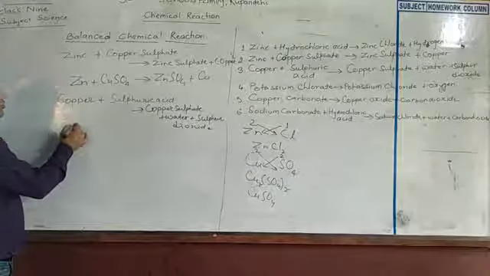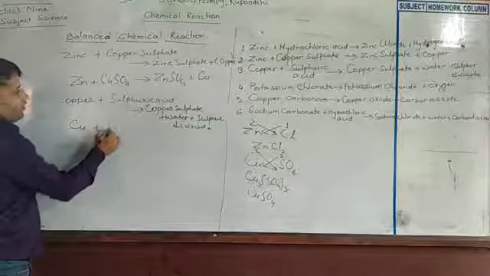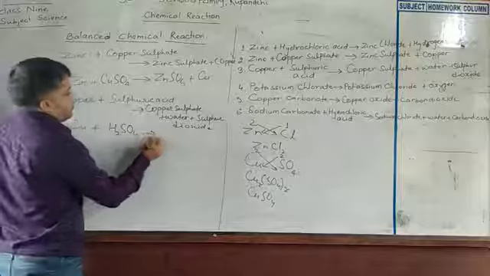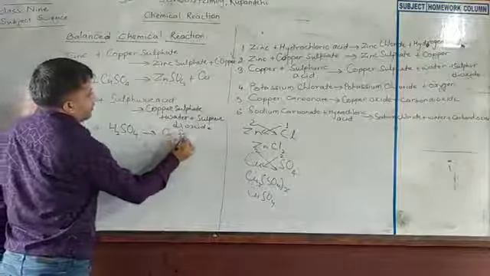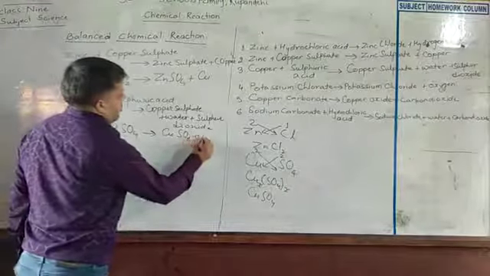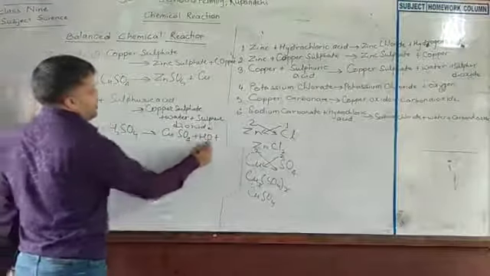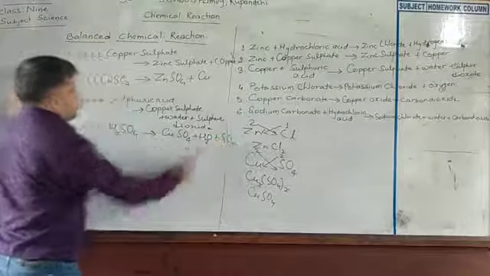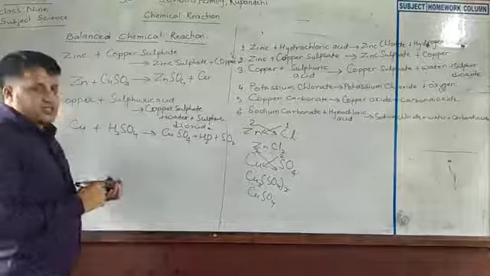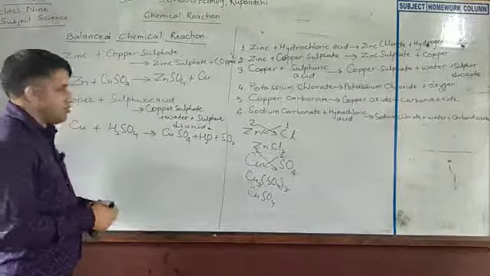Copper, Cu; sulfuric acid, you already know, I think, H2SO4; copper sulfate, CuSO4; then water, H2O, plus sulfur dioxide, SO2. To form the molecular formula, we have already studied in the previous class. I hope you know. Otherwise, we will discuss in the next class also.